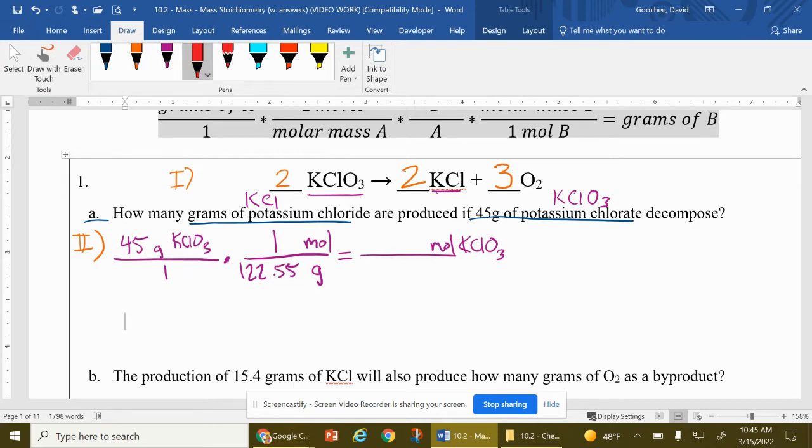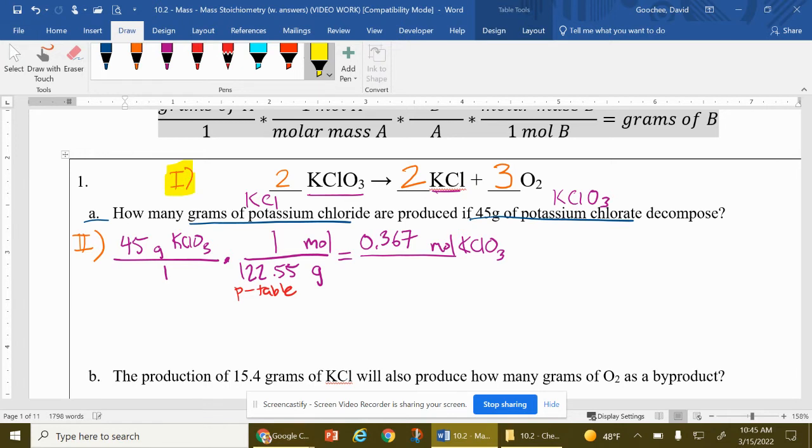When we're going from grams into moles, we look at the periodic table. Okay, so 45 grams divided by 122.55, we get, as our answer, 0.367 moles of KClO3.